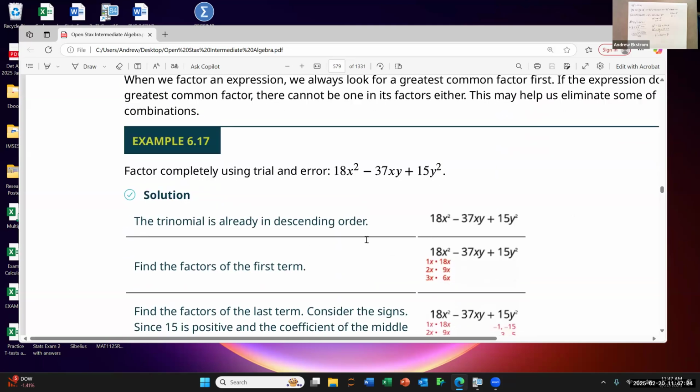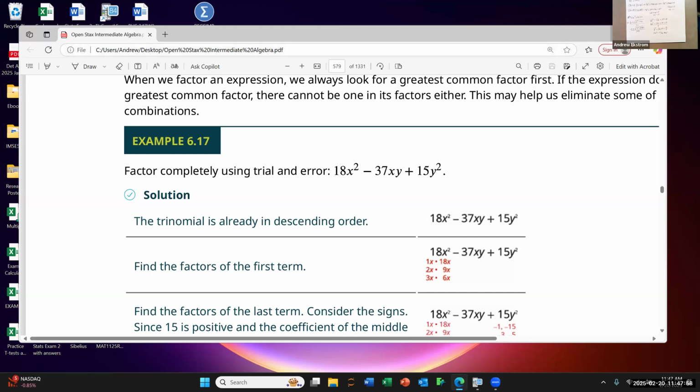So a lot more of these where, with this one, what ends up happening, if you use the method that I have, so this is 18x squared minus 37xy plus 15y squared.